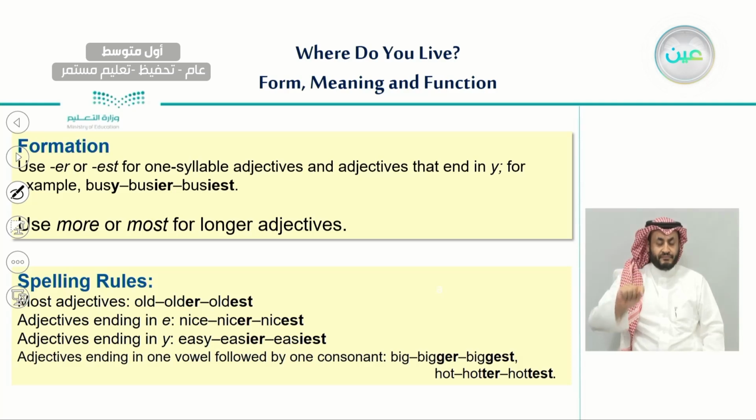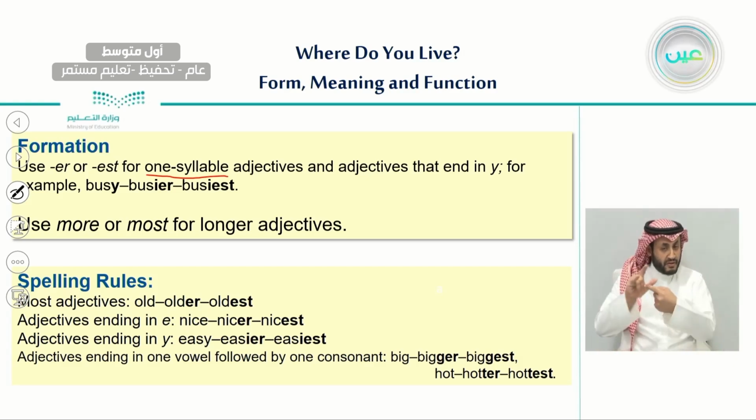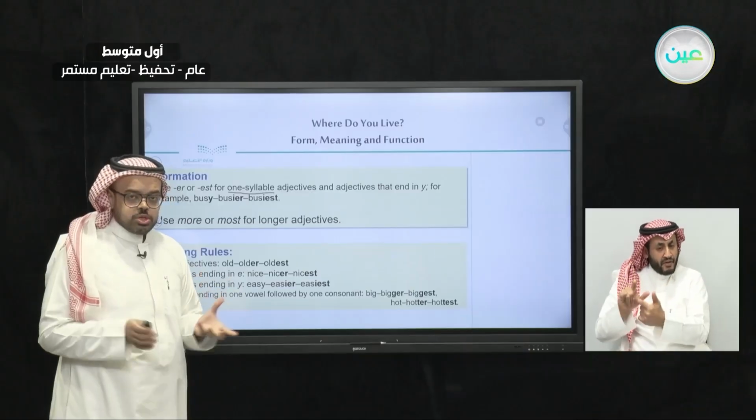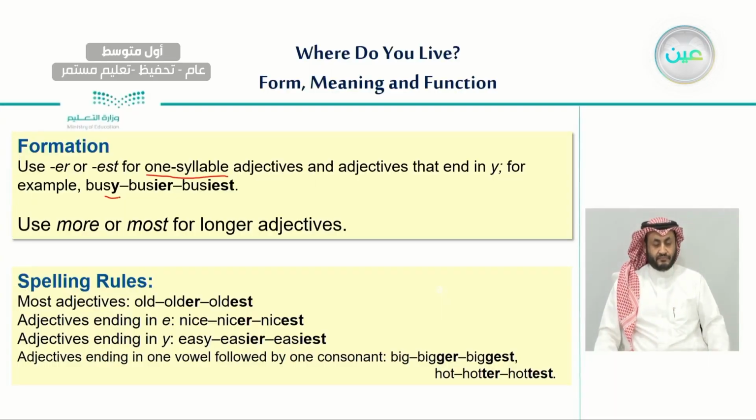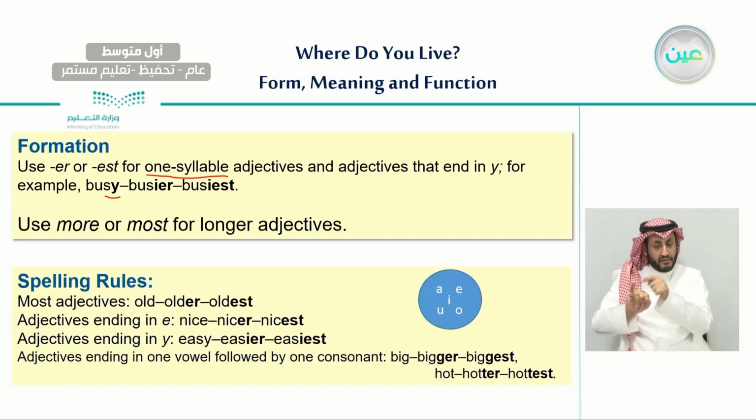And also, we have some exceptions to this rule, some differences in form. For example, we use er or est, as we said, for one-syllable adjectives, but with adjectives that end with y, we make a simple change. The rule says that if we have an adjective that ends with y, like the word busy, we change the y into an i, and we simply add er.